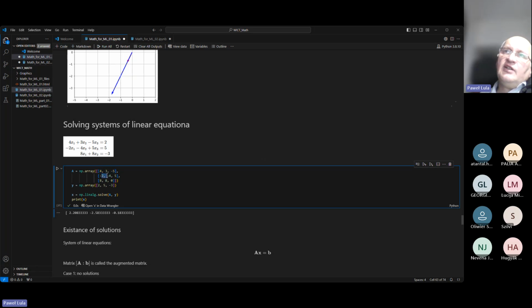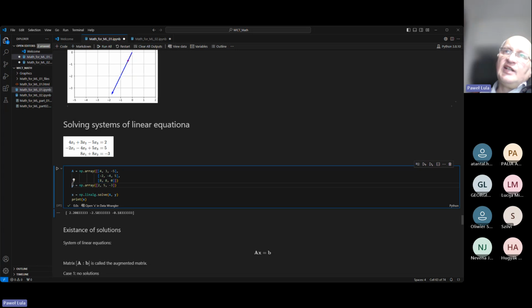It is the second row of this matrix. And here we have 8, 8, and 0, because for x3 we have a coefficient equal to 0. So we have these values here.